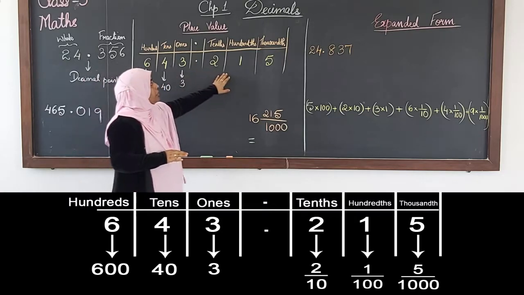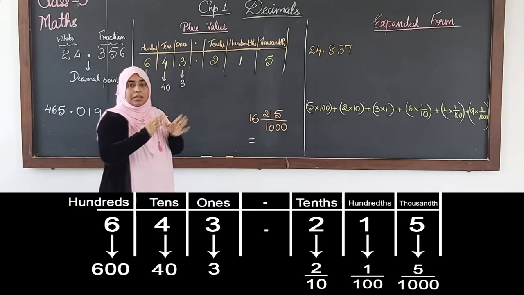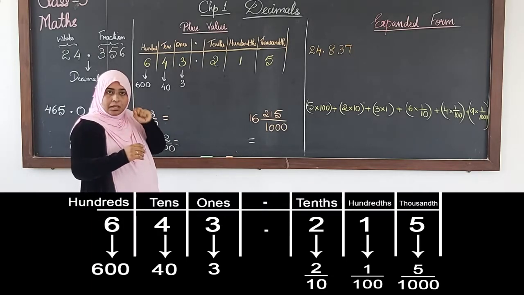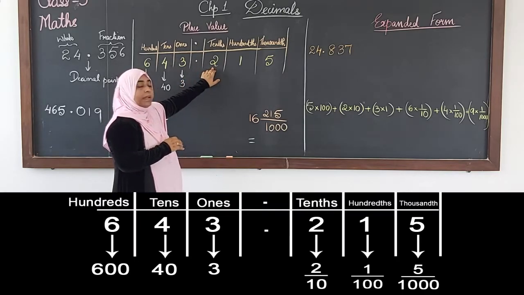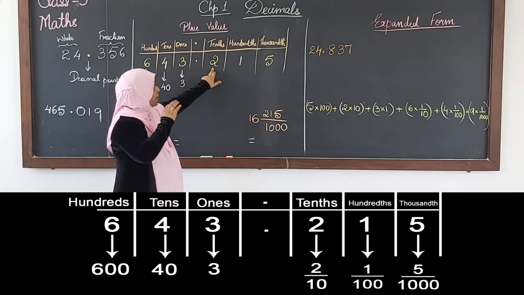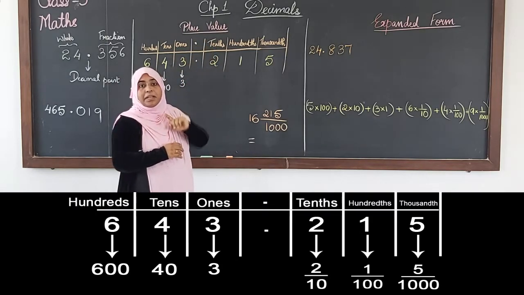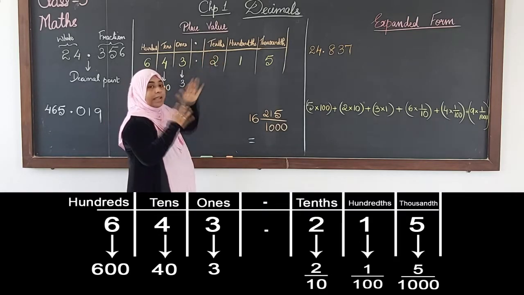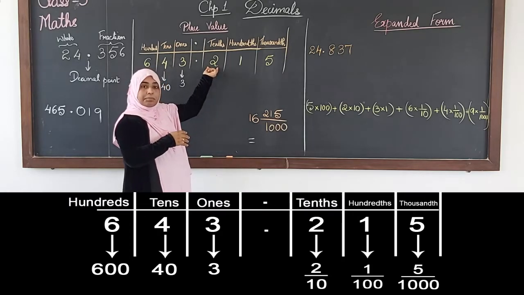Now comes what we mean by the place values of the fractional part. If you remember, fraction means some number of equal parts are made, and from there we are selecting some parts. Here the first place in the decimal part, the fractional part, is tenths place. Tenths place means 10 parts are made, and out of 10 we are selecting some parts.